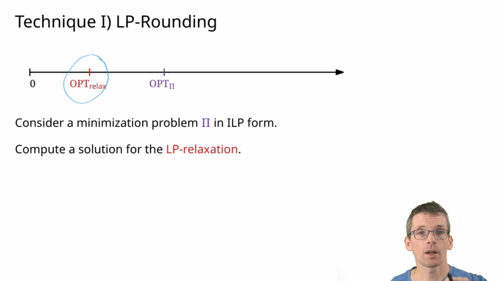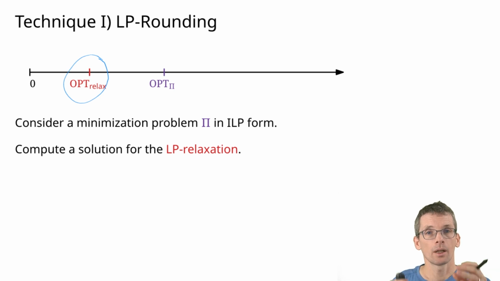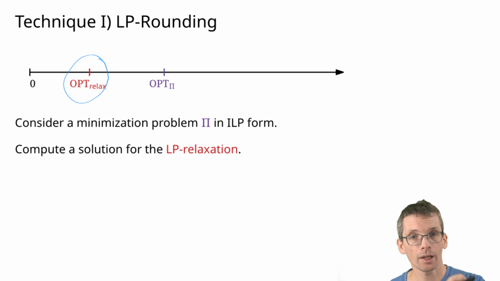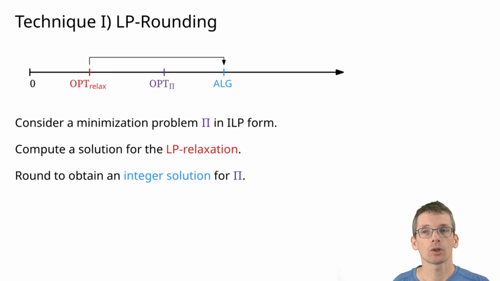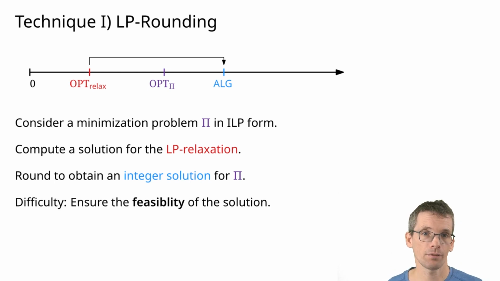And the idea of LP rounding is now to suitably take the variables that I get from the optimum for the relaxed problem and round them to integers. The difficulty here is to make sure that after rounding I still get a feasible solution.